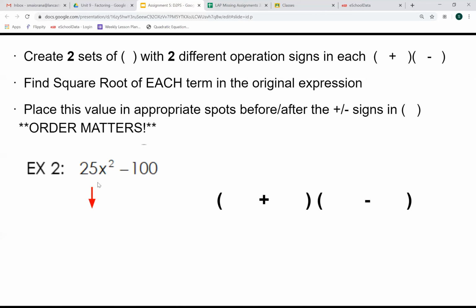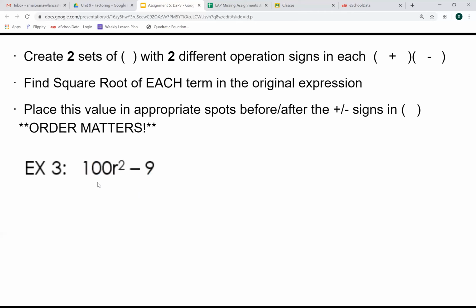The square root of 25x squared is 5x. The square root of 100 is 10. Now I just have to make sure I put them in the correct place in the right order. So 5x should go first in each set of parentheses, and 10 comes second. So 5x plus 10, 5x minus 10 is my final factored form.